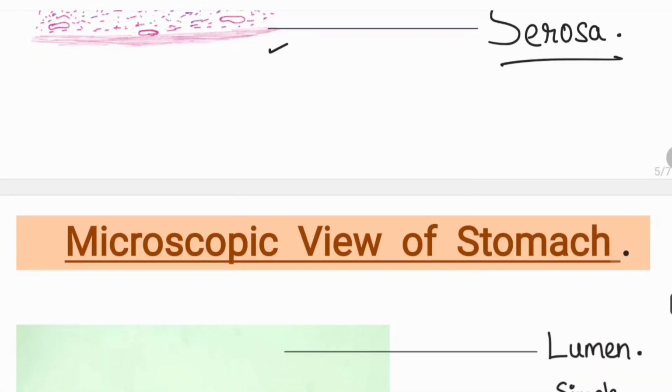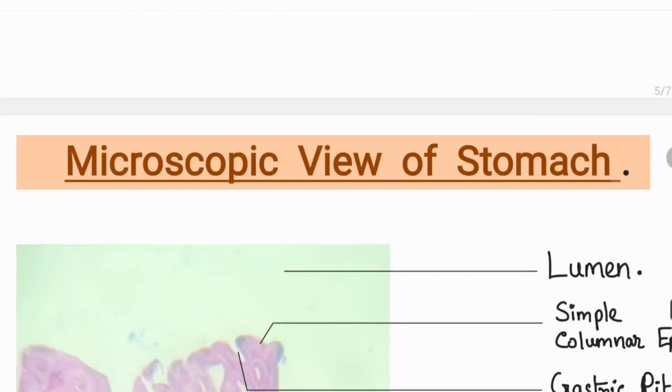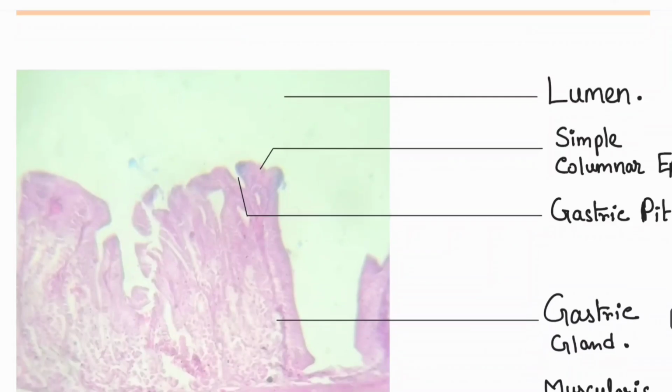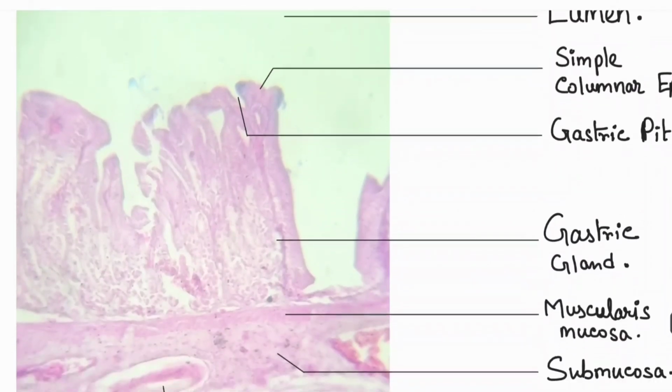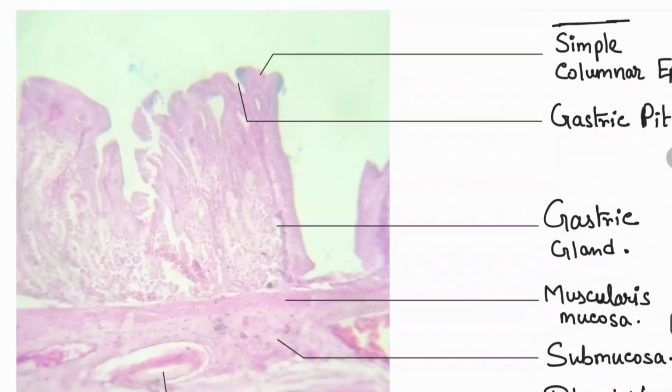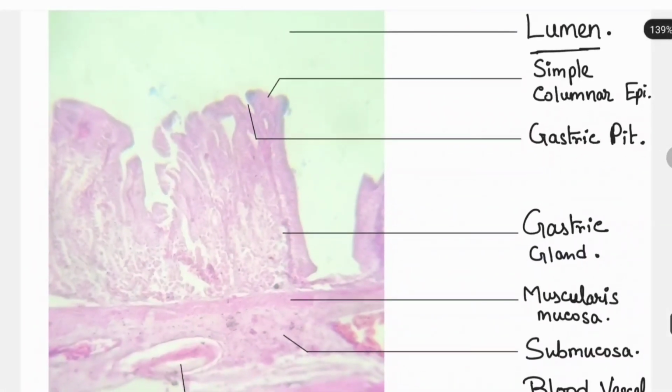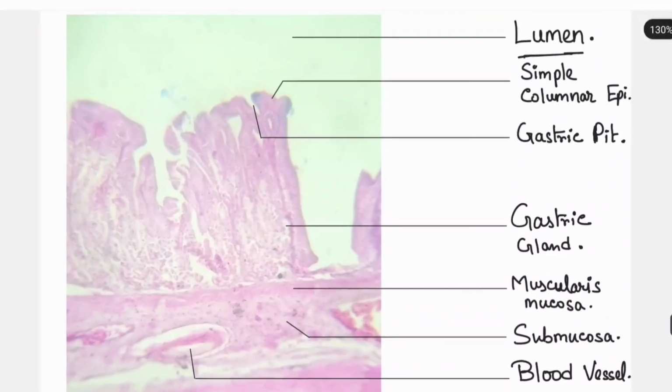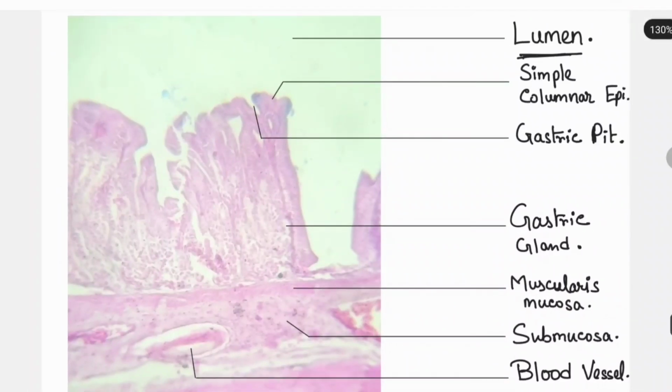Now we will see the microscopic view of the stomach. This is the lumen. After that, this region is the simple columnar epithelium.